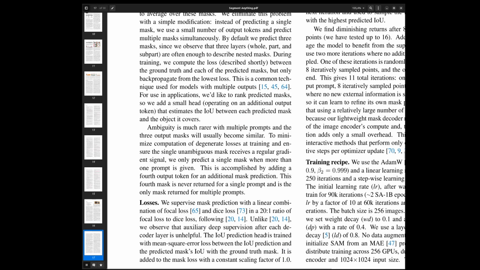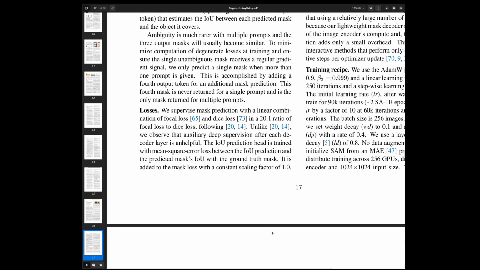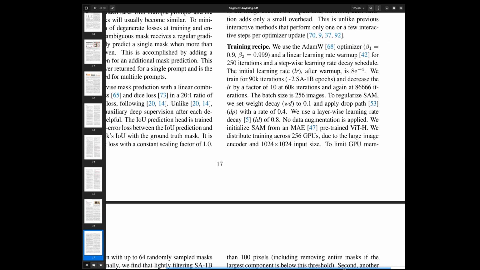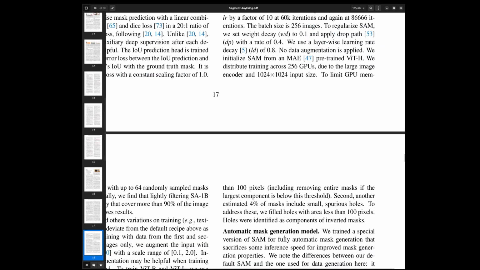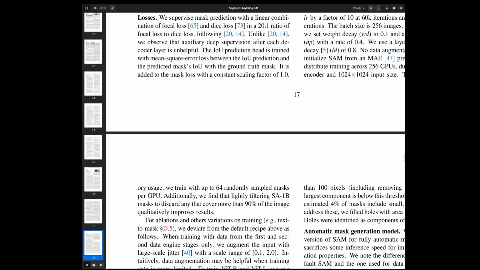What is interesting is that there were some masks that are very close to each other. Even in full auto, I got 64 of them, and some of them were the same.